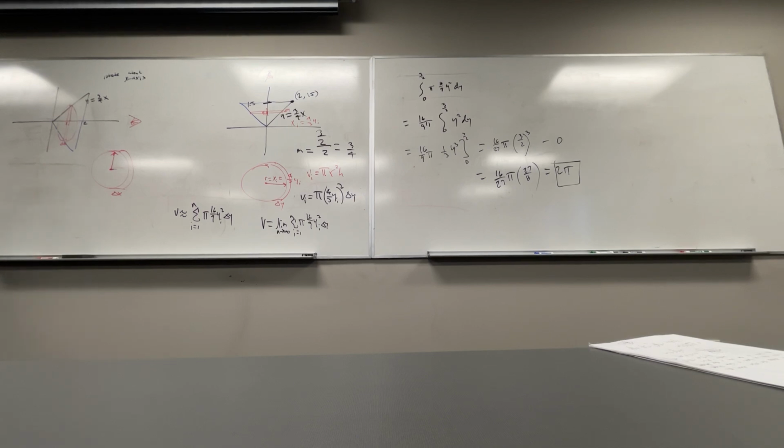Now, is the radius a y distance from an axis or an x distance from an axis? It's a y, it's an up and down. It starts at the x-axis and goes up to that line. So this radius is going to be some y value, y sub i.